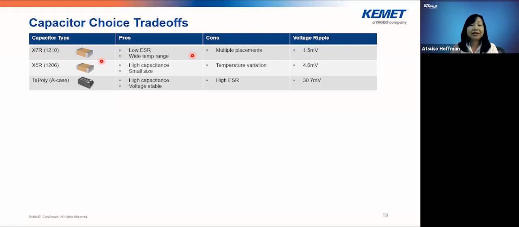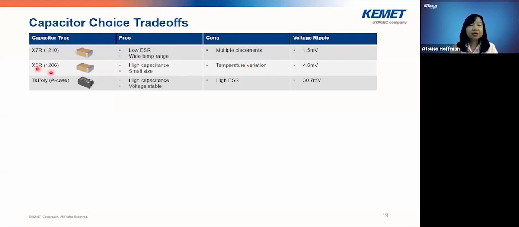X7Rs are rated from -55 to 125. But the drawback is that there is a DC bias effect, and you may have to use multiple capacitors to hit a certain target capacitance value for your DC to DC converter.